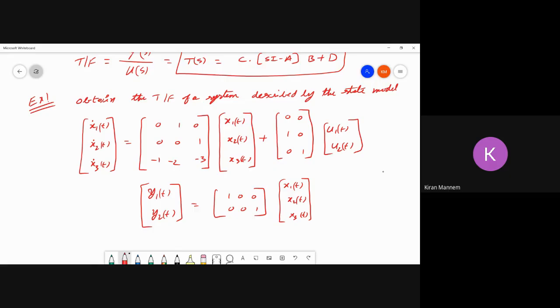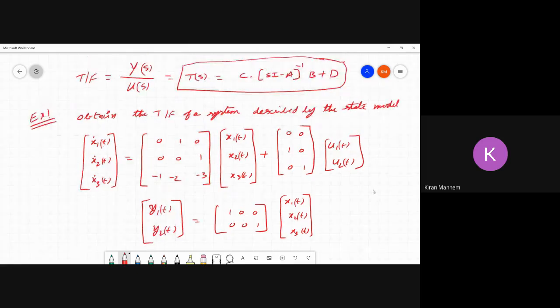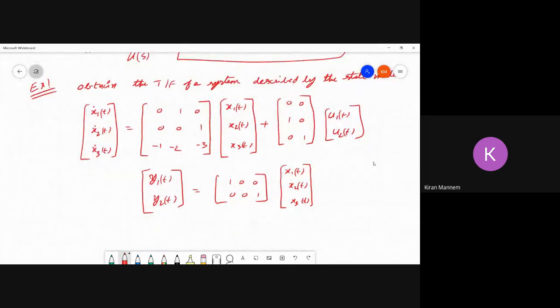Now, what is the transfer function? It is nothing but C matrix multiplied by (sI minus A) inverse into B plus D. And we got all the matrices here. You just do some multiplications and you will get the answer, right? So this is your A matrix and B matrix and C matrix. There is no D matrix, right?